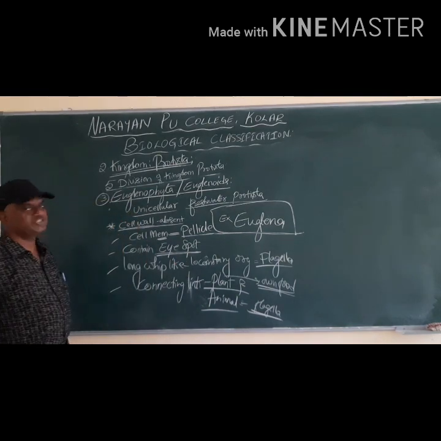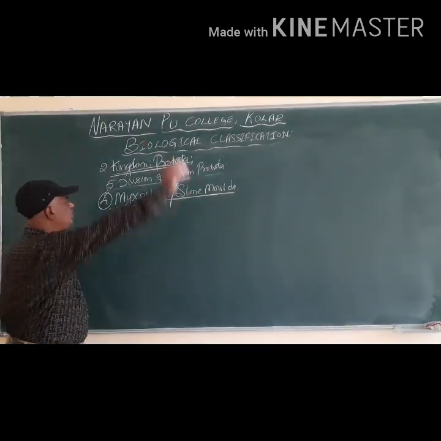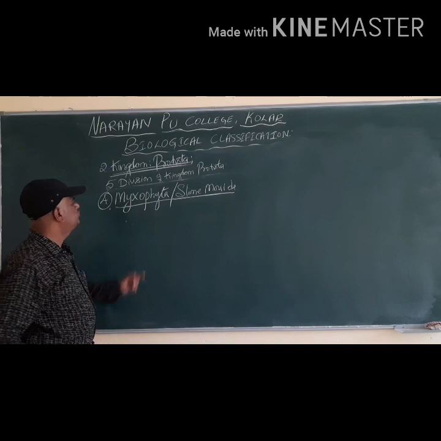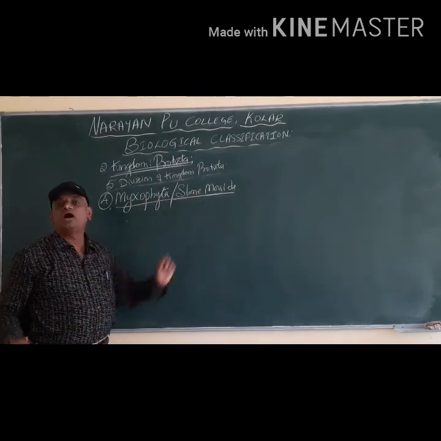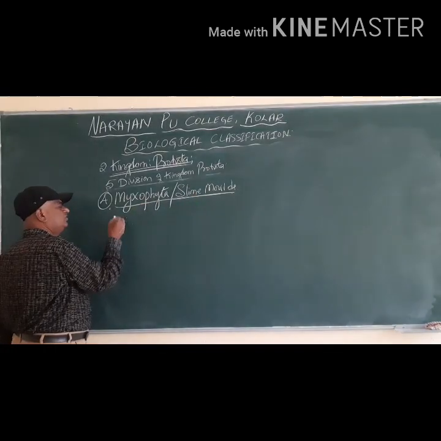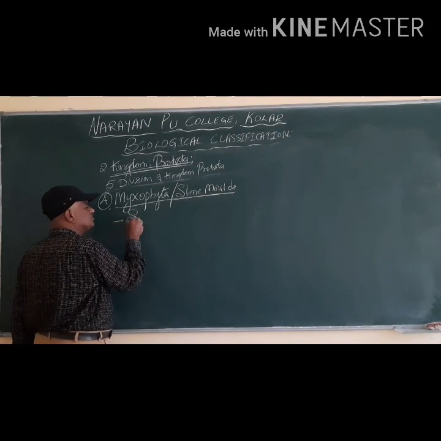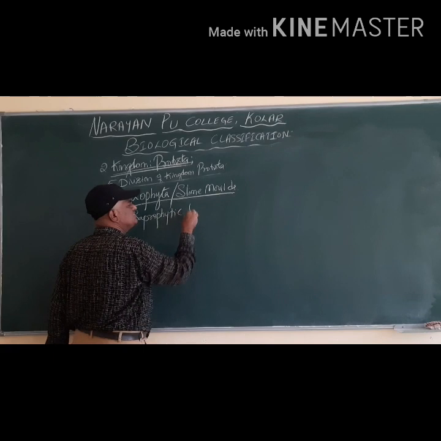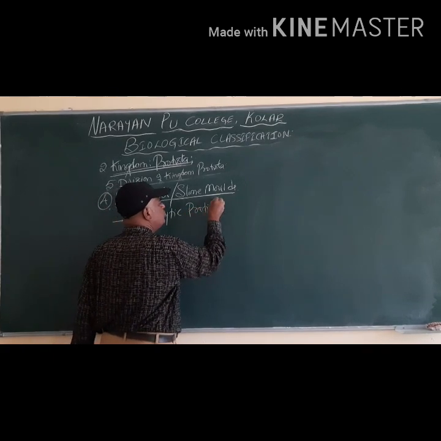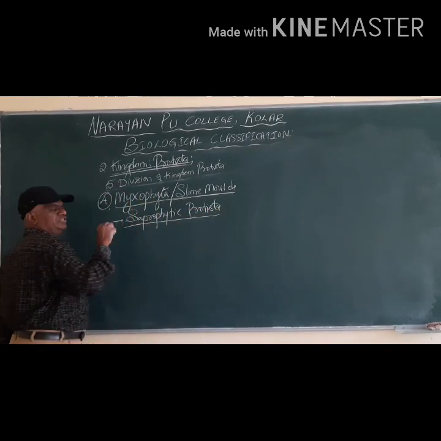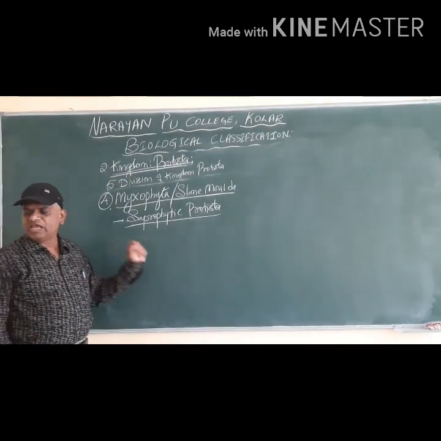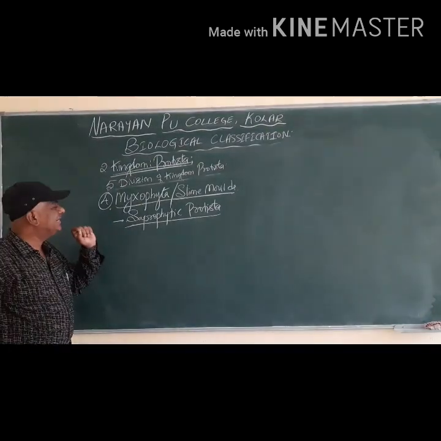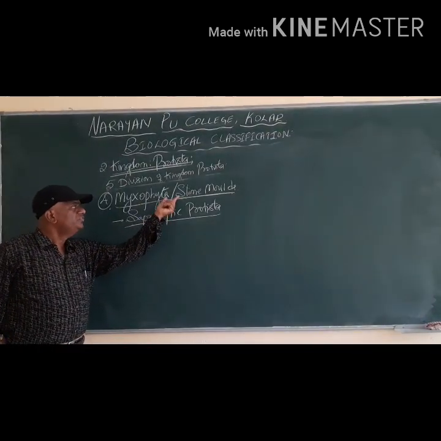We'll go for the next one, the division called myxophyta or slime molds. The organisms coming under this are saprophytic protista. The meaning of saprophytic is that they are present on dead and decaying matter.